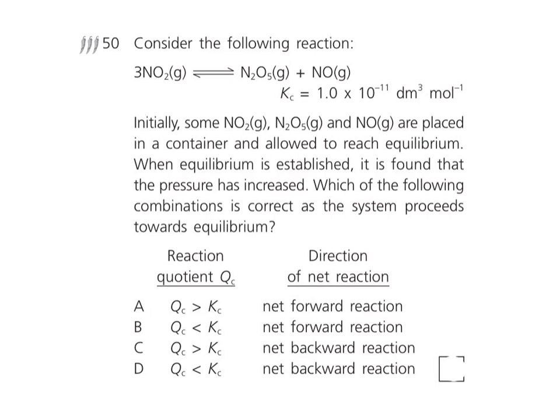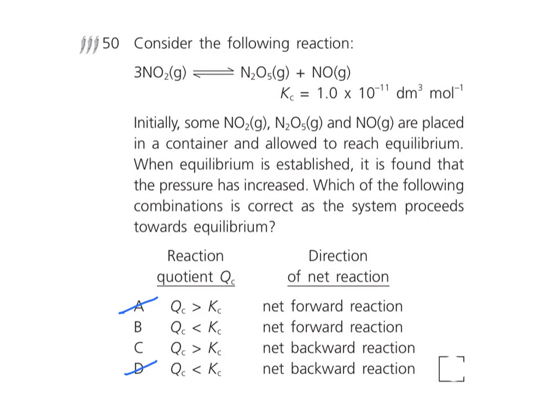The reaction will shift backwards. So choice A is not possible, since it says Q is greater than K and there's a forward reaction. We also know that when Q is less than K, the reaction shifts forward, so choice D is also not possible. So without knowing anything other than that, we could now narrow it down to a 50% chance of guessing.